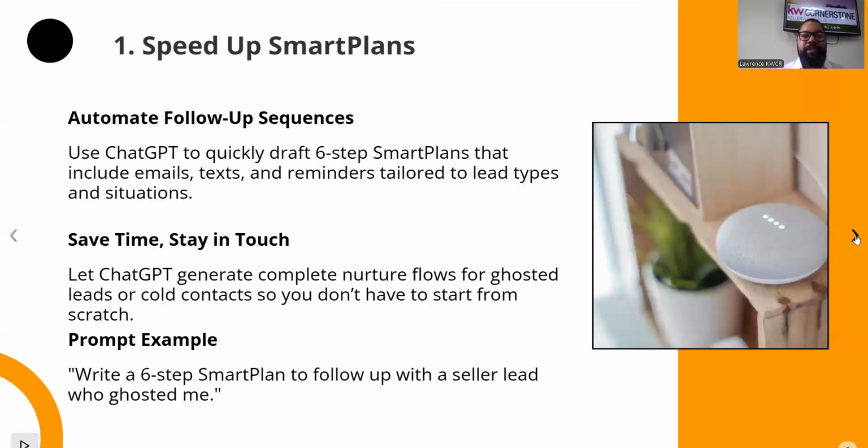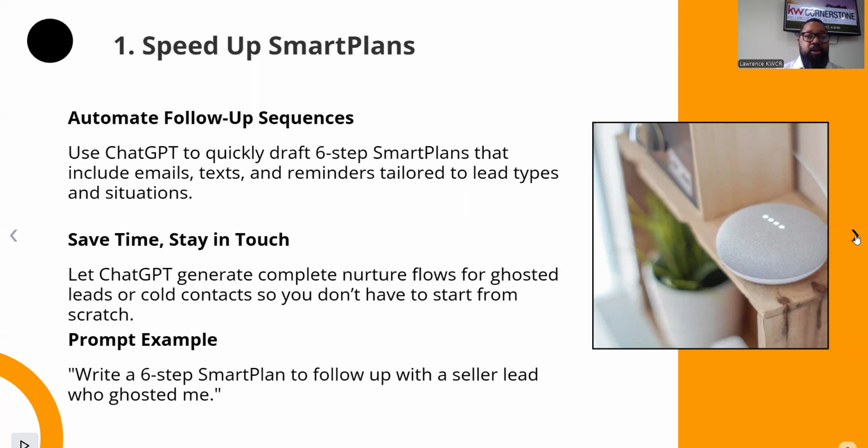Okay, so first off, let's talk about speeding up your smart plans. As we all know, smart plans can take quite a bit of time to set up, going from your designs to the actual smart plan, to creating your nurture flow and things like that, of how often you're going to send these emails and moving stuff around back and forth.